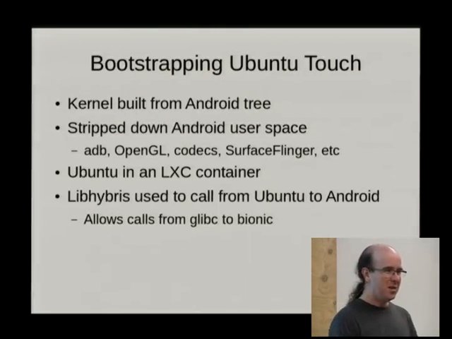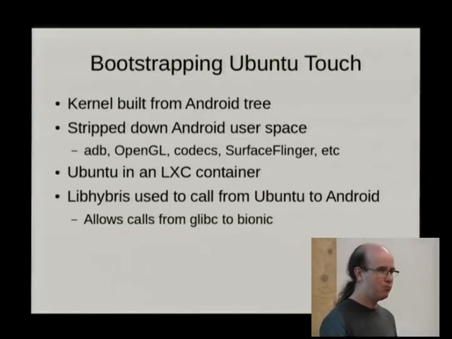So in this initial phase, the phone booted into this small stripped-down Android, and then started up Ubuntu from there, which is a good way of getting things started, but not really the end goal.